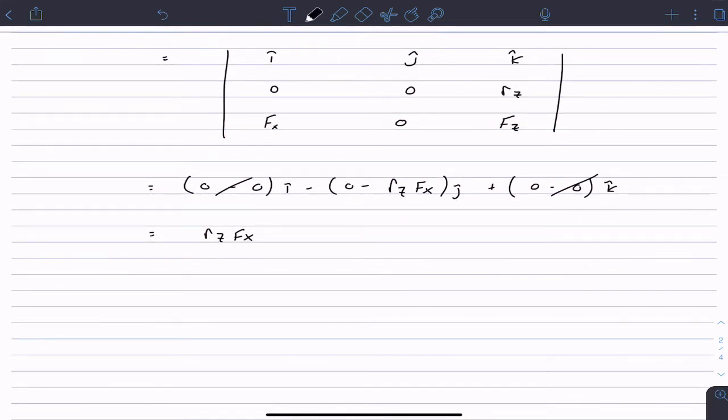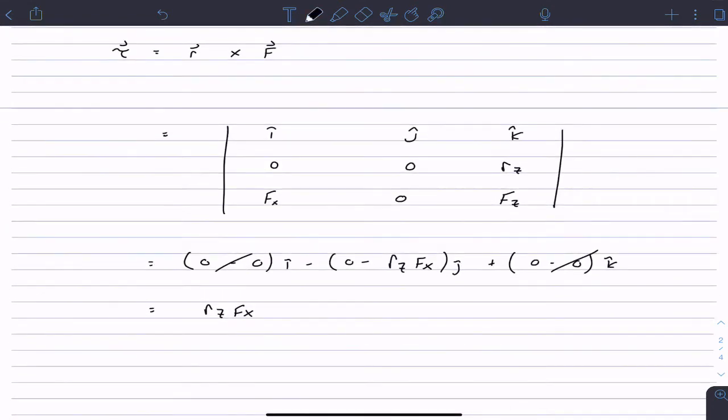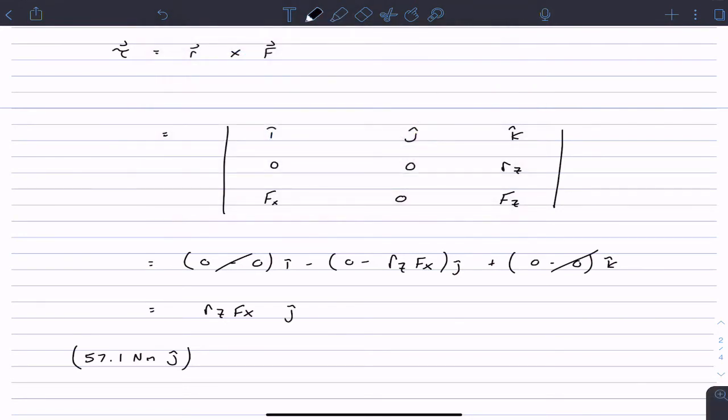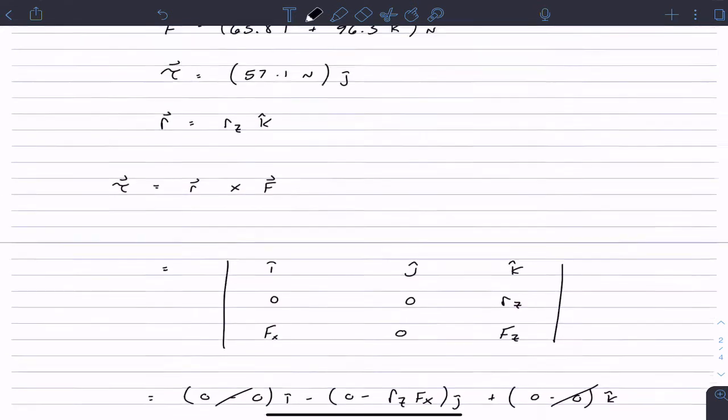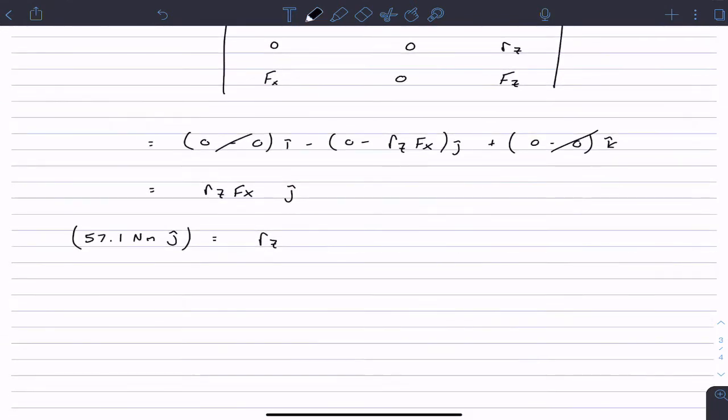Remember, we're told that torque is 57.1 Newton meters in the j hat direction. This is also in the j hat direction, so we're actually doing really well. And then we take RZ, the thing we're solving for, times the x component value, which is 65.8 newtons. And then we just solve for RZ.